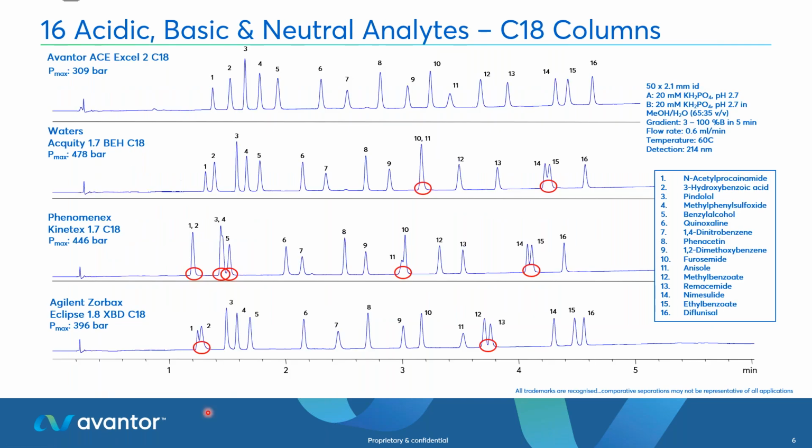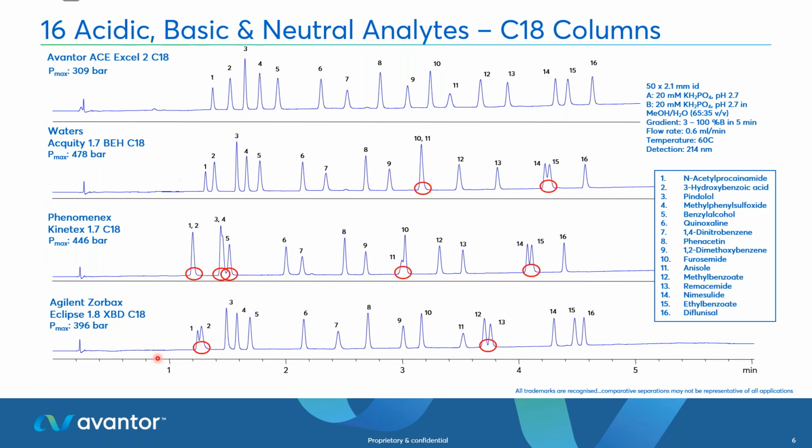So just very quickly on columns, I've said they're the most influential change on alpha. Even when you buy a C18 from a different vendor, it could still have a different selectivity compared with your existing C18.